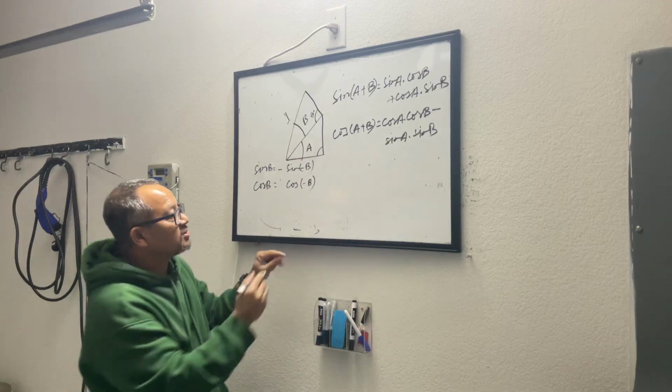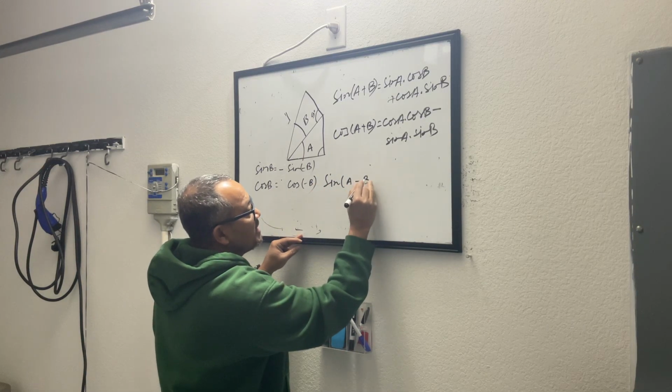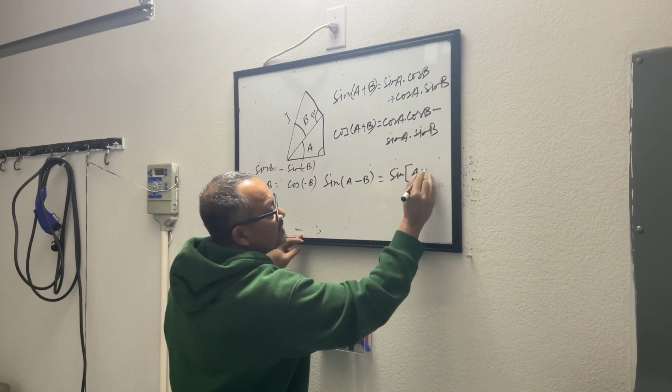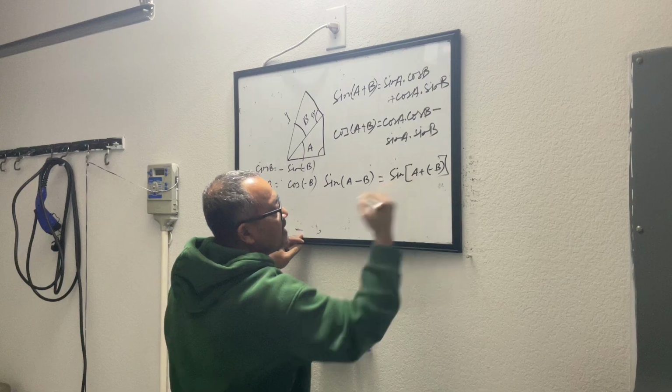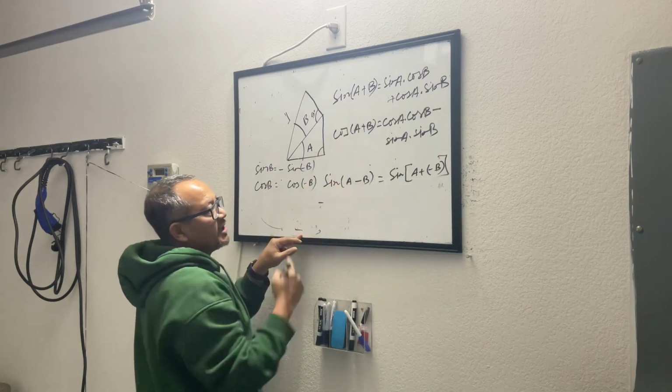So now if I am talking about sine of A minus B, I am essentially talking about sine of A plus minus B. I have two angles, A and minus B, so I'll plug them into this formula.